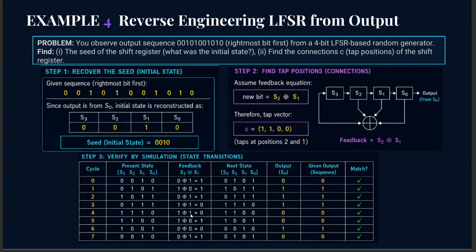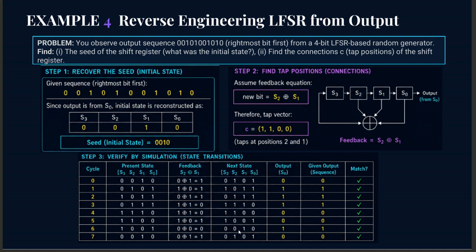The output is 0 and feedback 1 XOR 1 equals 0. The next state is 1100. In cycle 5, the current state is 1100, output is 0, feedback 1 XOR 0 equals 1, and the next state becomes 1001. In cycle 6, the current state is 1001, output becomes 1, and feedback is 0 XOR 0 equals 0.